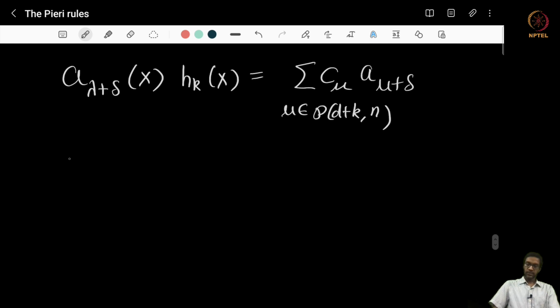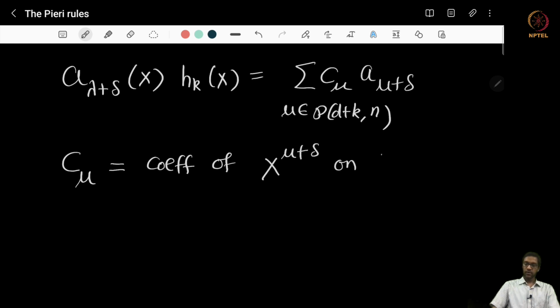Okay, so let's see how we shall prove that. Let's see what this coefficient C mu is. C mu is nothing but the coefficient of a particular term on the right hand side. It's just the coefficient of x to the mu plus delta on the right hand side. We have used this argument before. The alternant A mu plus delta is the only one which contains this particular monomial x to the mu plus delta, and it contains it with coefficient 1.